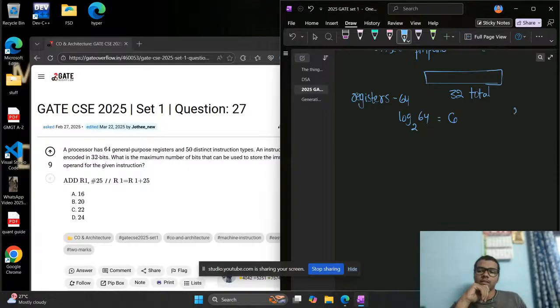That's it, right? 2, 4, 8, 16, 32, 64. So 50 is between these two, so 6 bits for opcode, and then the immediate operand: how many bits? 6 plus 6 is 12, 32 minus 12 is 20.